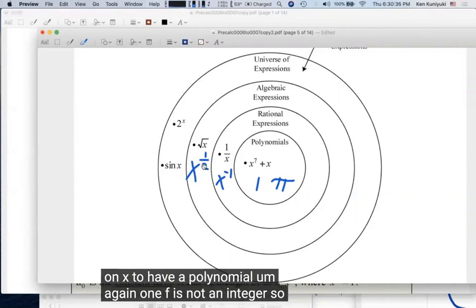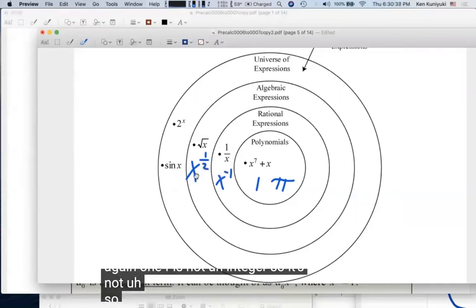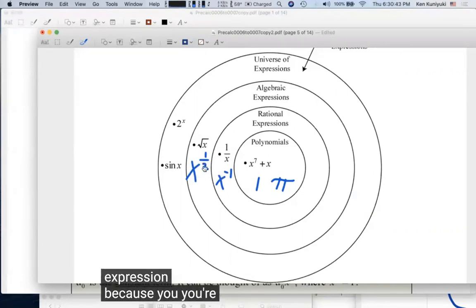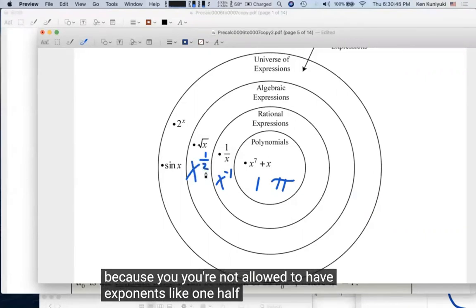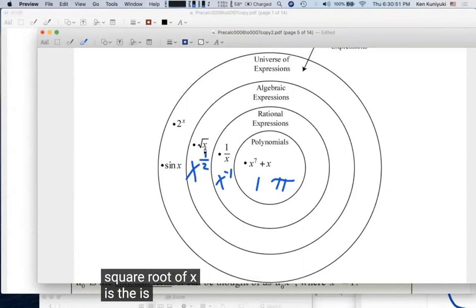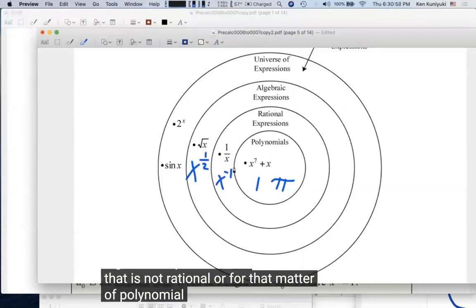Again, 1/2 is not an integer, so x to the 1/2 cannot be a rational expression because you're not allowed to have exponents like 1/2 or 1/3 on x for a rational expression. So the square root of x is in some ways the simplest algebraic expression in x that is not rational, or for that matter, a polynomial.